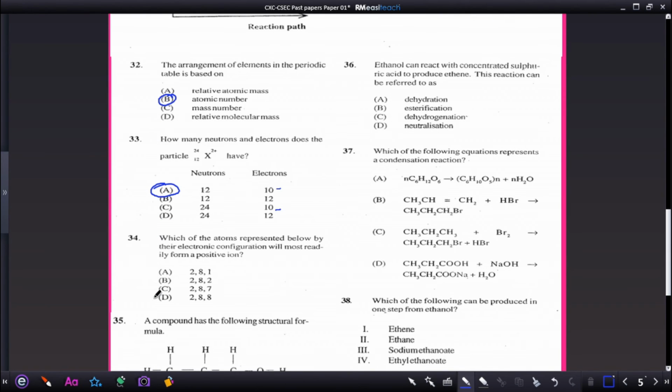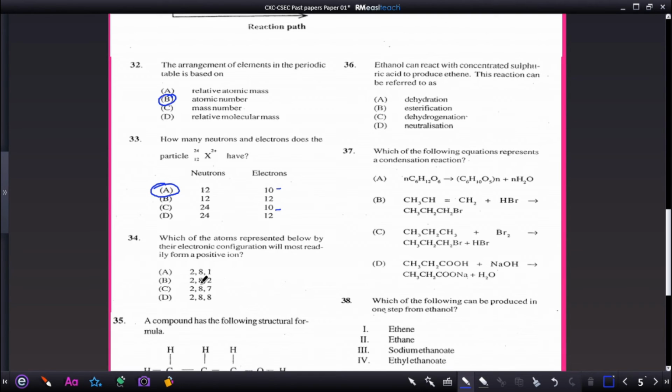34. Which of the following atoms represented below by their electronic configuration will most readily form a positive ion? Metals form positive ions, and metals are between groups 1 to 3. So we can ignore C and D because those are non-metal and noble gas respectively.